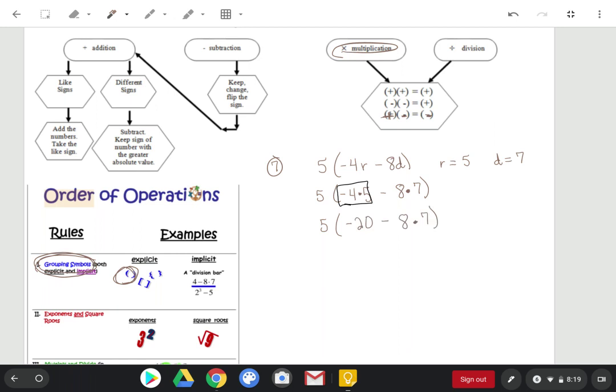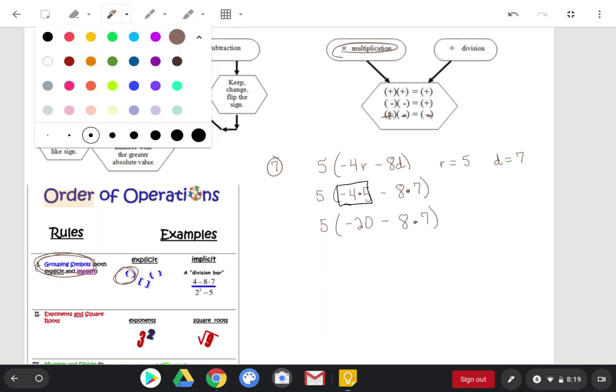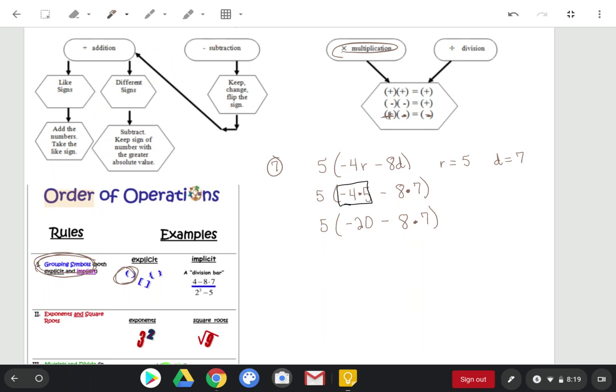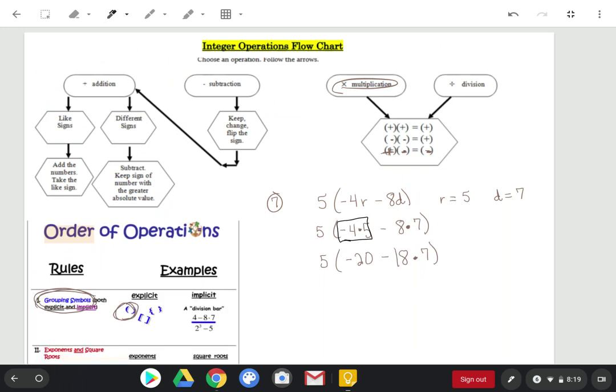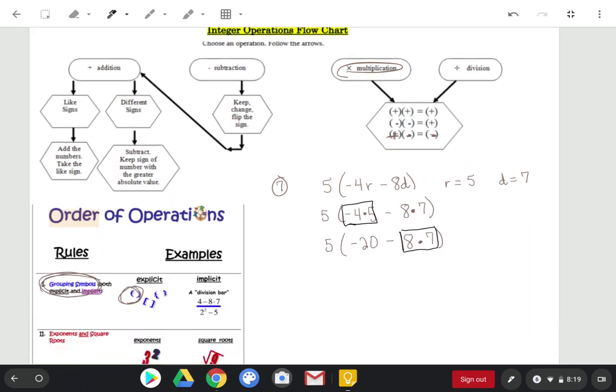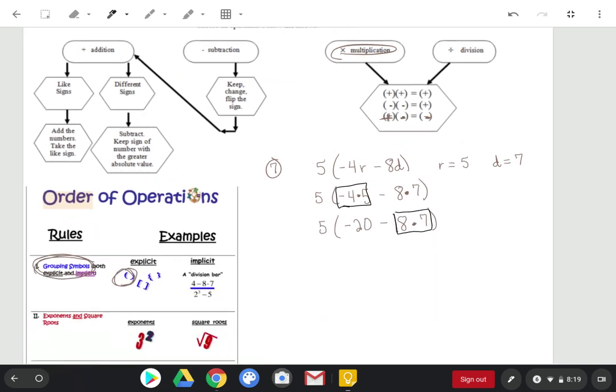Okay, so I'm still doing my grouping symbols, and I still have some multiplication inside my grouping symbols to do. So I am going to look at this 8 times 7. So notice 8 times 7, both that 8 is positive and that 7 is positive, and a positive times a positive gives us a positive number.